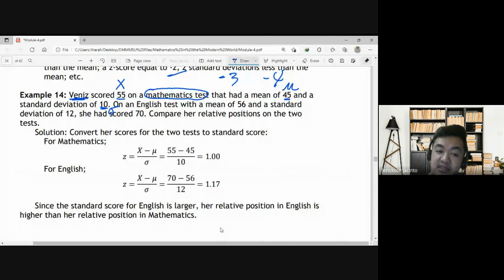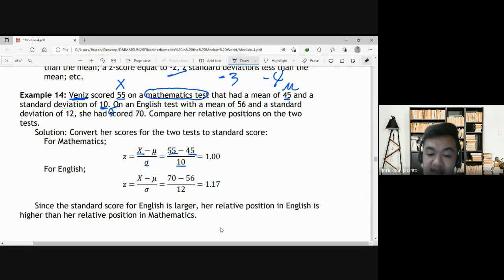Okay. So, let's say if you're going to solve the standard score or the z-score, you are going to substitute. Isusubstitute lang naman natin sila sa ating formula. Kaya, let's say 55. Mean is 45.